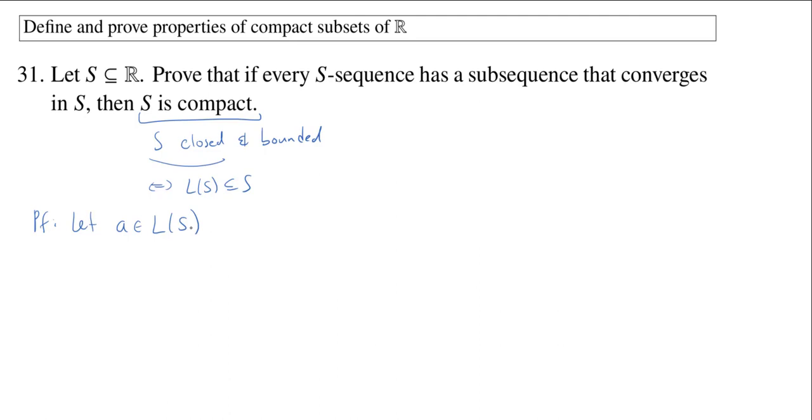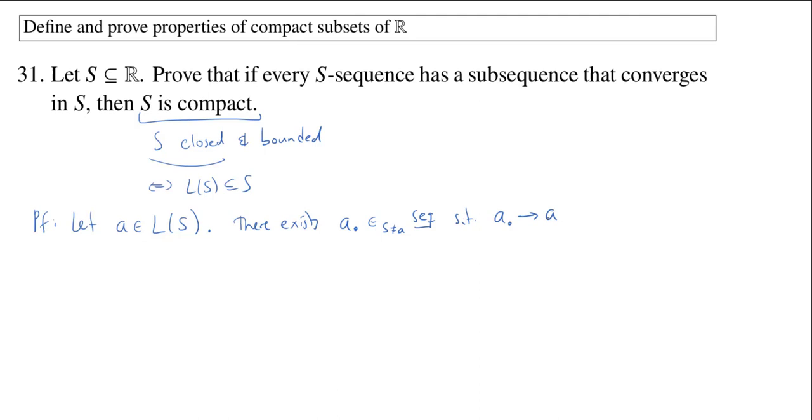What does it mean that a is a limit point? If a is a limit point, then we know that there is an S-not-equal-to-a sequence that converges to a. So there exists a sequence a dot, an S-not-equal-to-a sequence, such that a dot converges to little a.